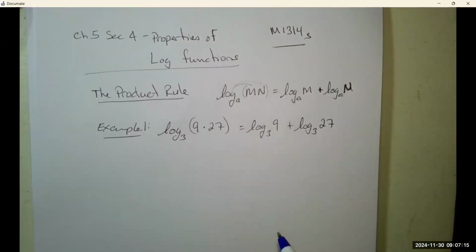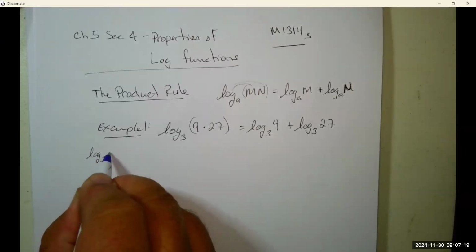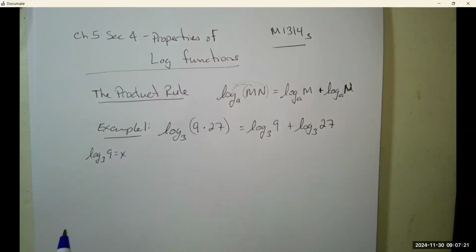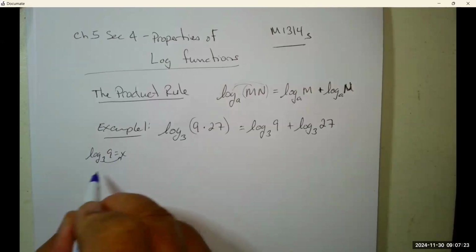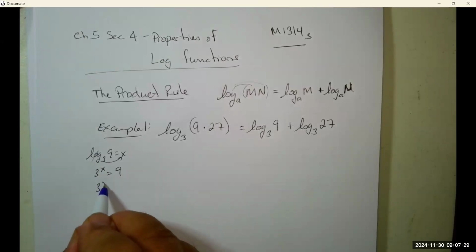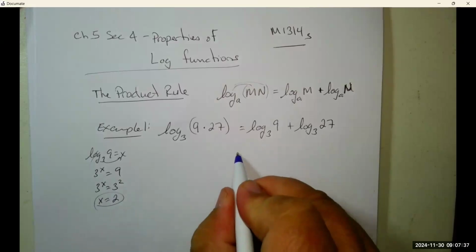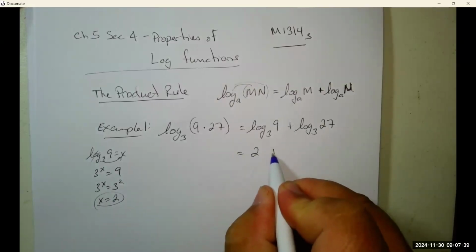Let's go ahead and solve these. So remember, log base 3 of 9 is equal to x. That becomes 3 to the x equals 9. 9 is 3 times 3, so x equals 2. So this first one equals 2.